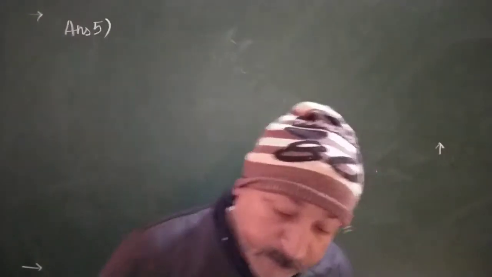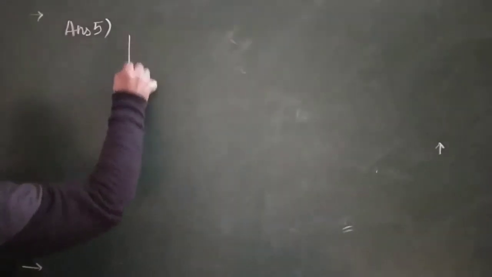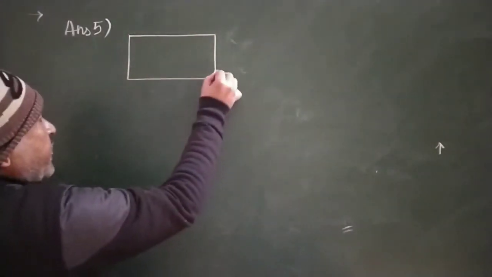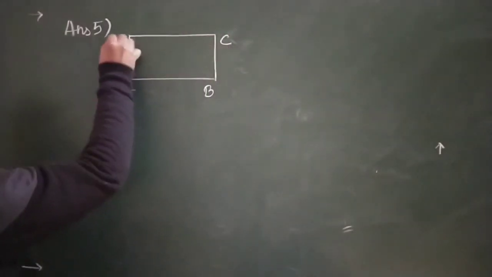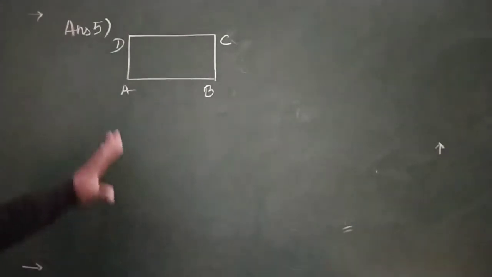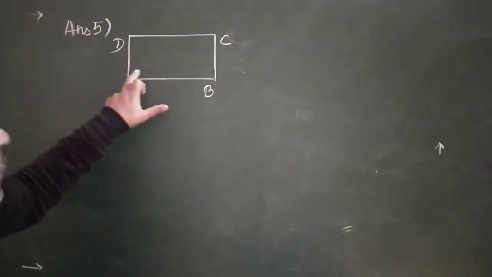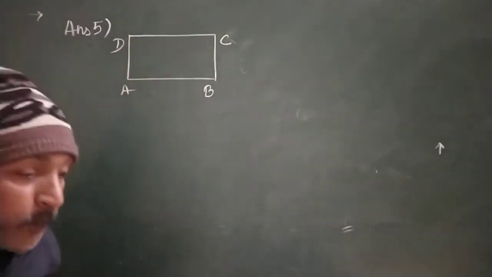Okay, so just see it. Prove that the diagonals of a rectangle are equal. First of all, we have to make a rectangle. This is a rectangle, meaning it is given to us that ABCD is a rectangle. In this question, we can use all the properties of a rectangle except the property of the equality of its diagonals, because we have to prove it.